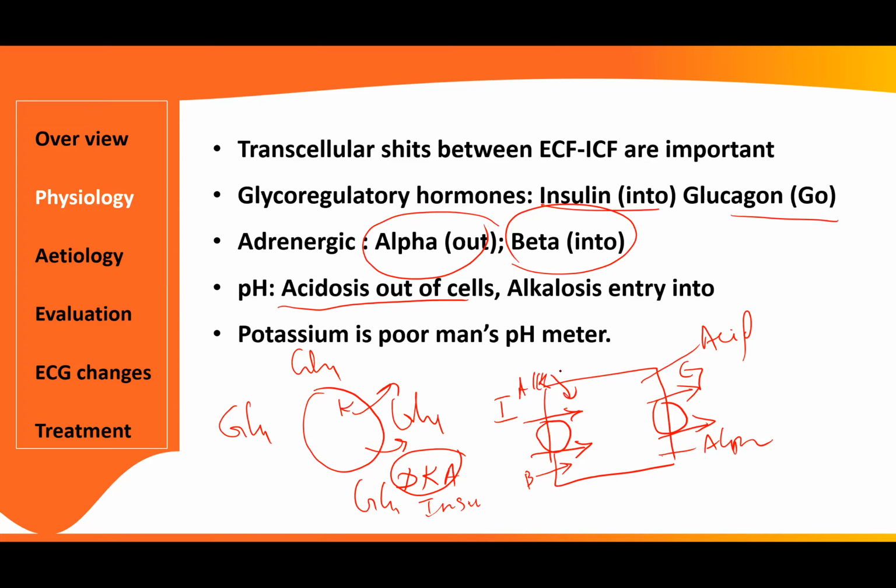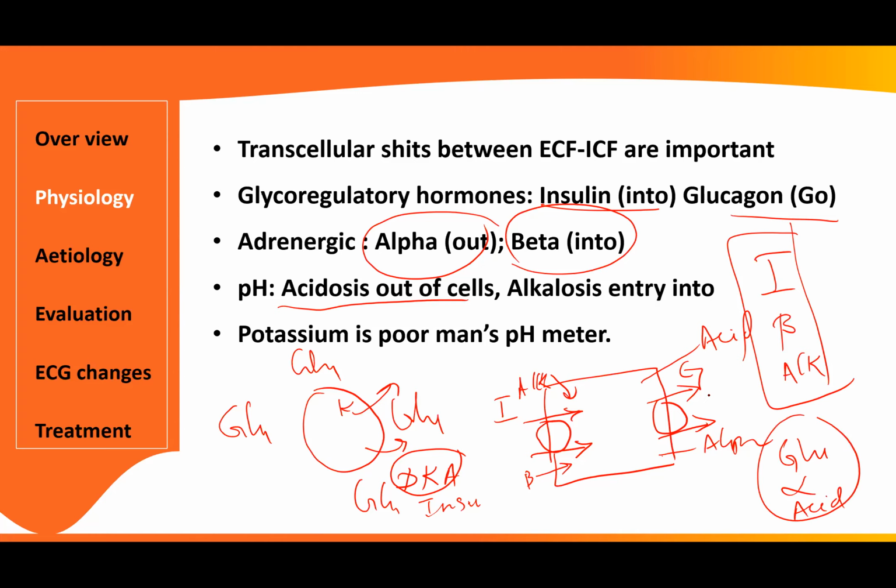So now we know the three factors which send the potassium into the cell. Number one, insulin. Number two, beta agonist. Number three, alkalosis. The ones which send the potassium out of the cell are glucagon, alpha agonist, and acidosis.